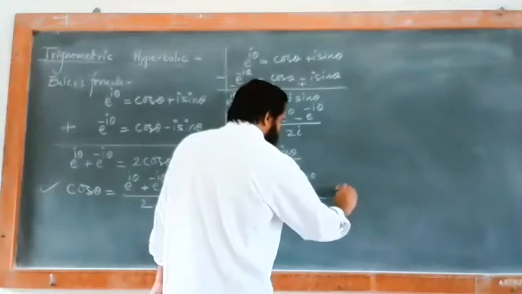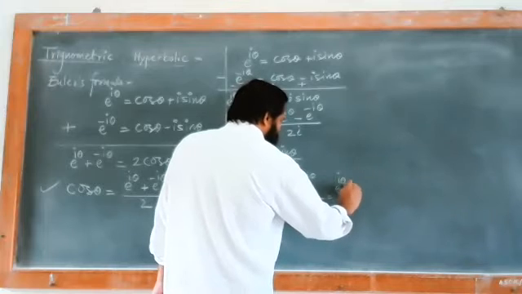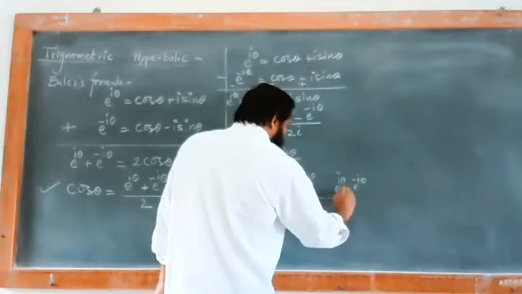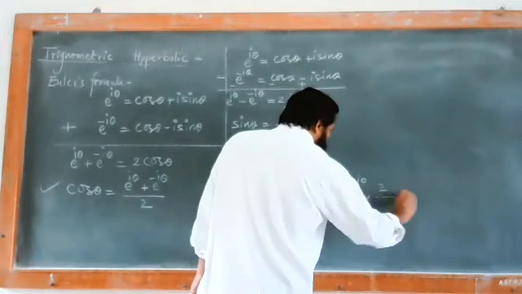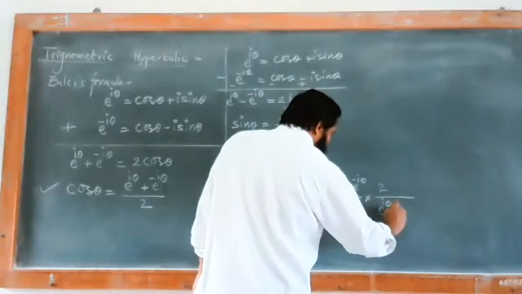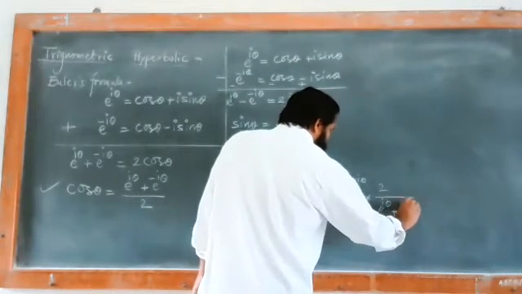What do we get? Look at this. e raised to I theta minus e raised to minus I theta divided by twice I, multiplied by 2 divided by e raised to I theta plus e raised to minus I theta.